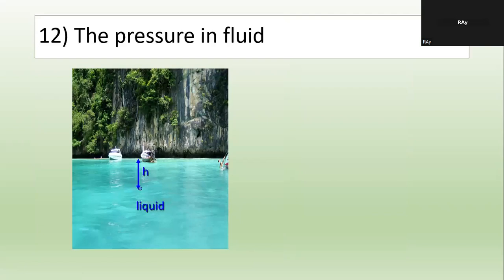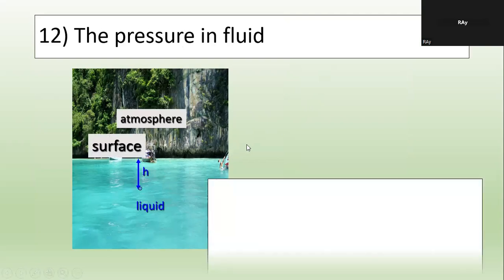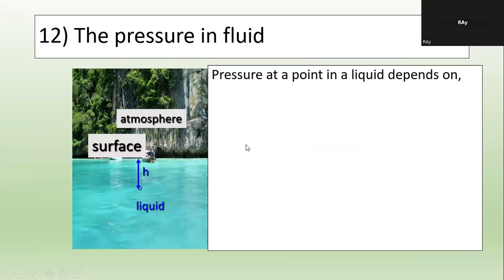Okay. Pressure in fluid. You have atmospheric pressure at the surface of the water or liquid. Pressure at a point in a liquid depends on h rho g plus atmospheric pressure.